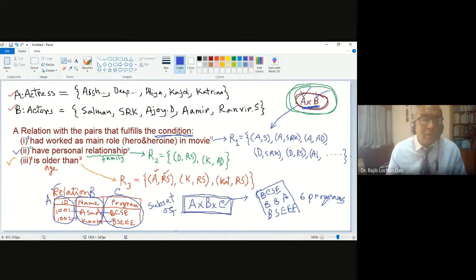Everyone will have different programs, maybe, but some persons will have the same BCSC program. In 1000 students, maybe BCSC is 300, BBA is 200, BS Tripoli is 450, something like that. So how do we make the relation? We make the relation whose ID is this, whose name is this, and whose program is this. All are matched, all are connected. So this is the concept.